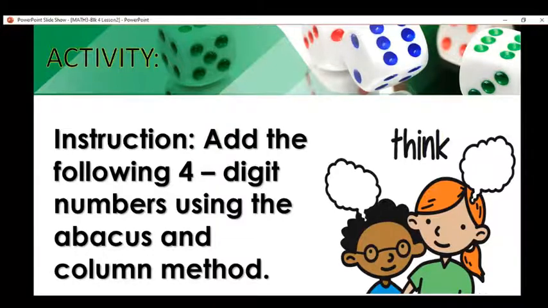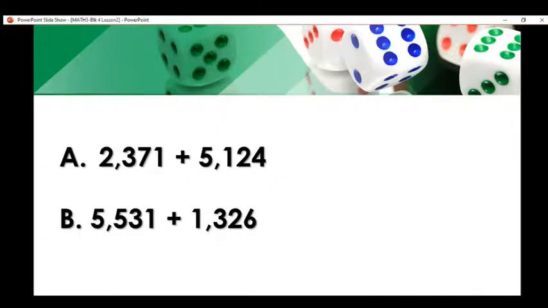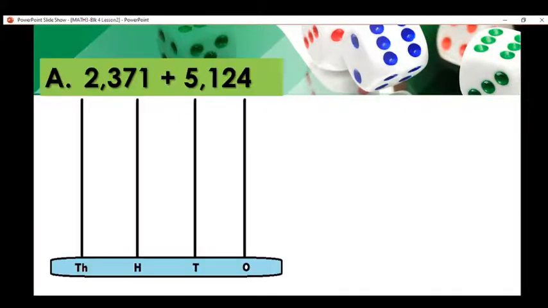So let's try letter A. We have here letter A and B. In letter A, we have 2,371 plus 5,124. In letter B, we have 5,531 plus 1,326.